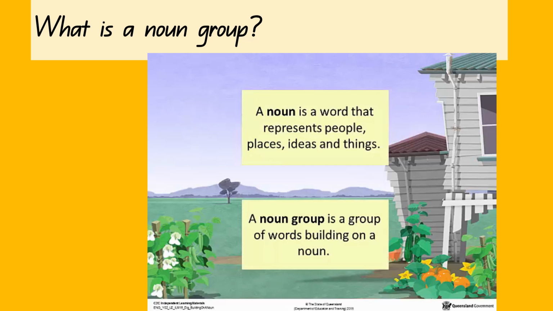Building on a noun will make your readers want to read more and more and more. So when you are writing or when you are editing your first draft, make sure you identify all the nouns and check to see that you have built them up to make them very descriptive using adjectives and all your senses.